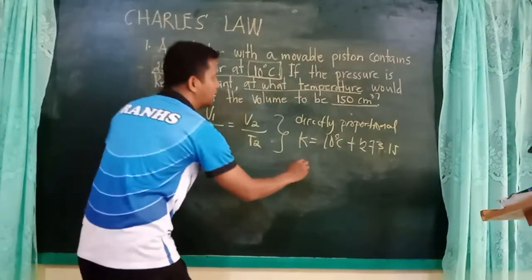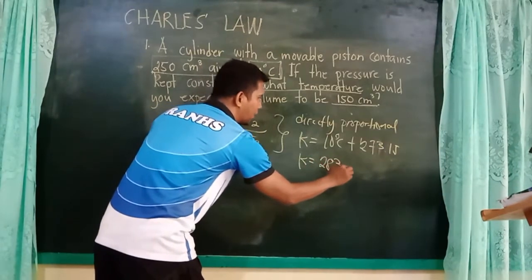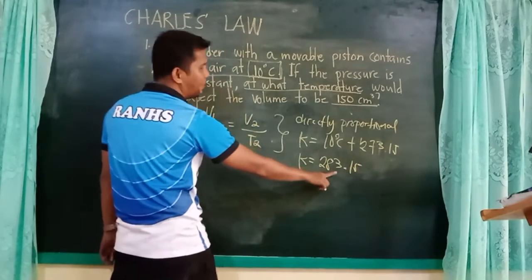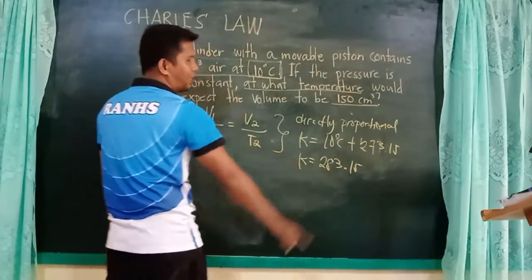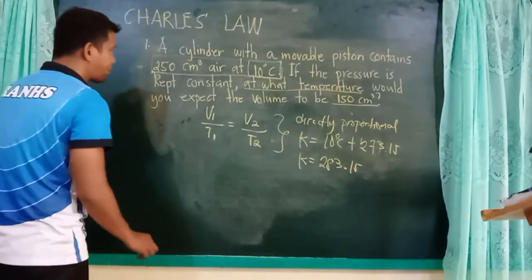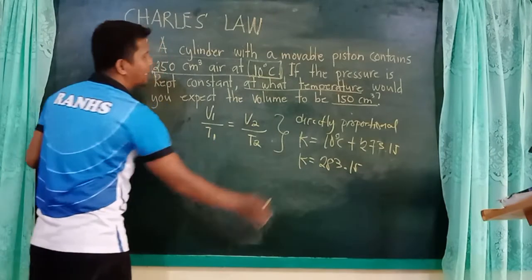If you add that, we have K equal to 283.15. So, from 10 degrees, we are going to use 283.15 as our temperature. We just converted 10 degrees to Kelvin.